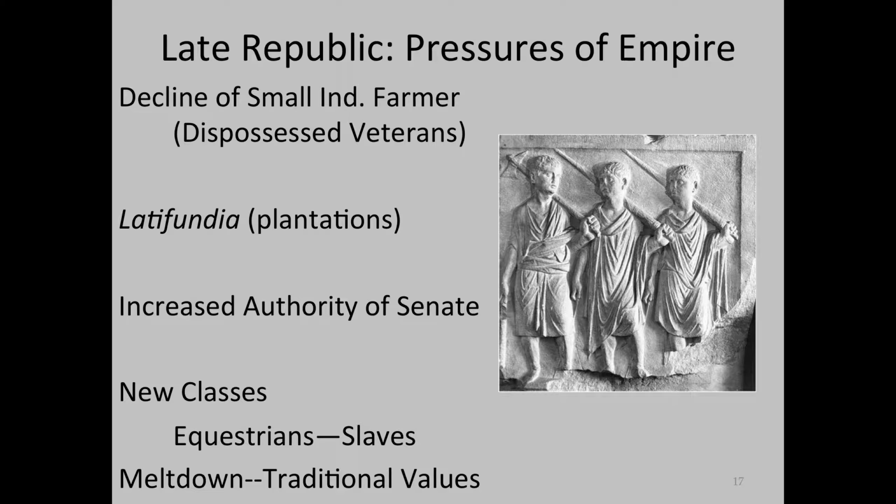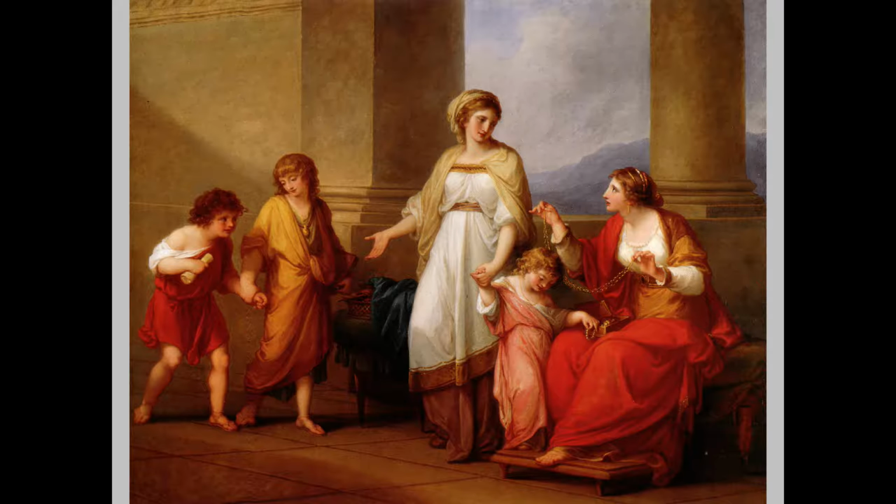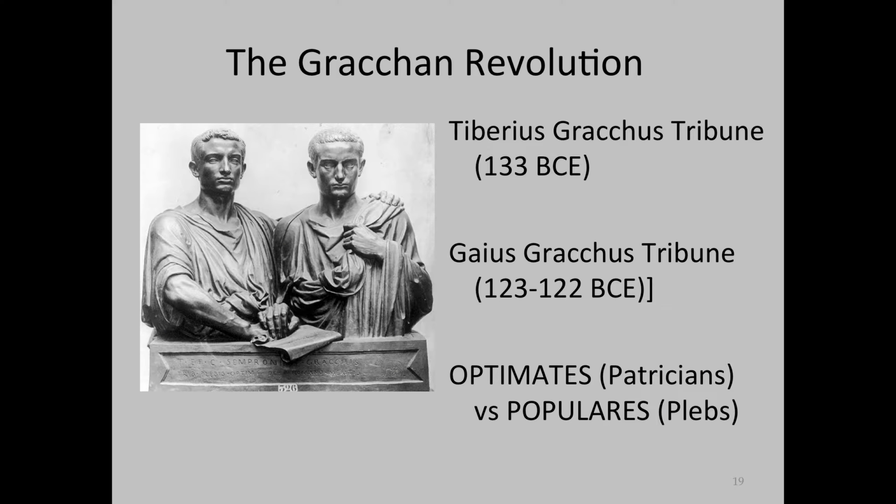Particularly, some radical revolutionary tribunes will exercise the power of their office to the strict legalities of what it was able to do, not just listening to the elders, but really pushing the authority in their office. The best example of this was the radical tribunes, Tiberius and Gaius Gracchus.